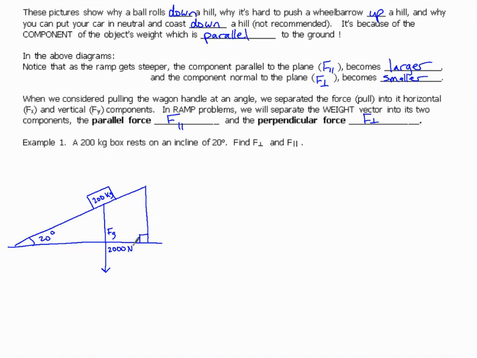We can split this into its component vectors. So we'll make the force parallel, and it goes parallel to the surface. And we want to make sure the magnitudes are about in the right spot.